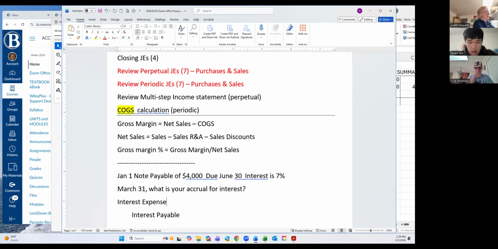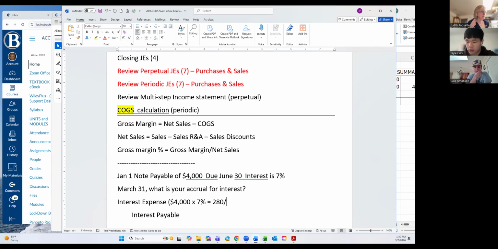Okay. So you're halfway there. So how do you calculate how much interest you owe? Multiply it by 7%, so it would be 0.07. Okay. And that equals 280. Okay. And then what? So the question is the 280 is for a full year. Interest is always for a full year.